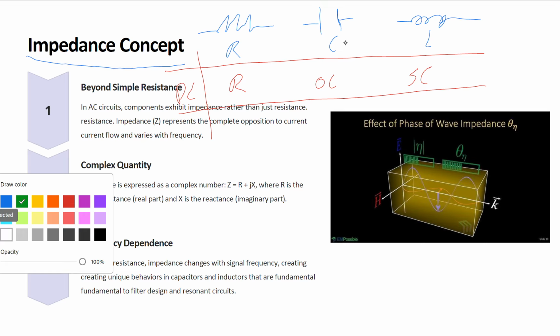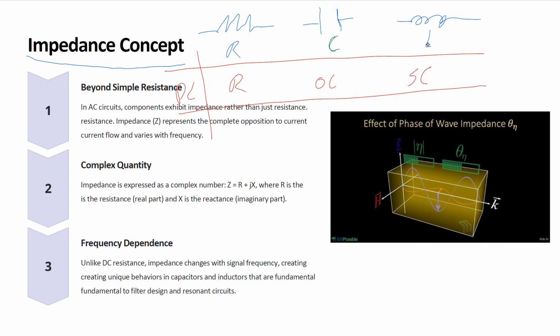Because the capacitor and inductor have a differential-integral relation between the voltage across them and the current passing through them. If you remember, capacitor voltage was 1 over C times the integral of the current. And the inductor voltage was L times the differential of the current passing through it.